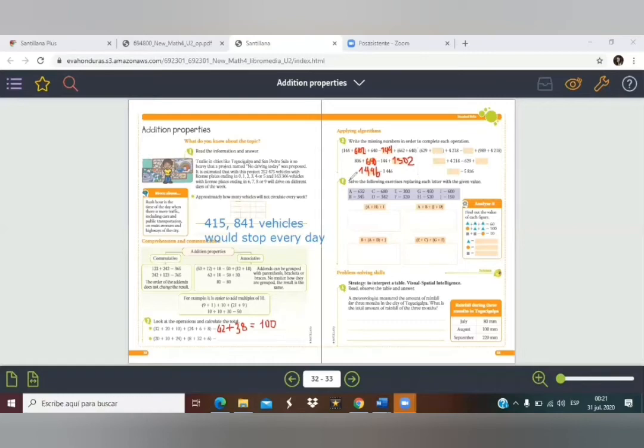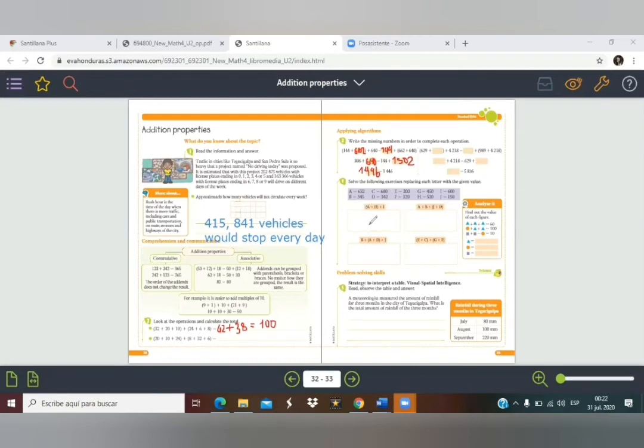Now go to exercise number 4. Solve the following exercises, replacing each letter with the given value. What are you going to do? You have to look at each letter and write the correct number.